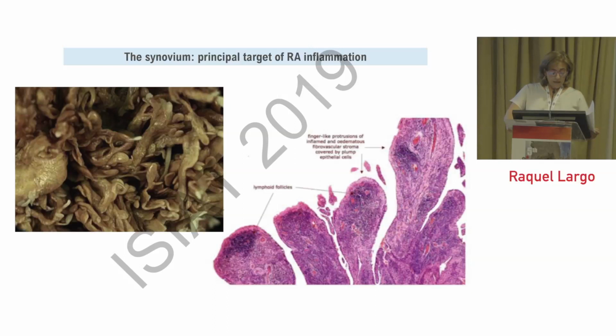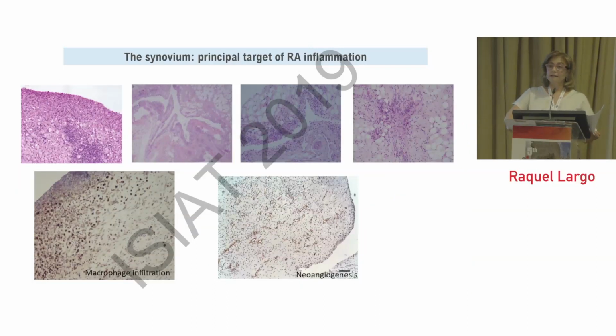Macroscopically, the synovium of rheumatoid arthritis patients looks like this, with an increase in the villi. And microscopically, we can see these villi, as you can see here in the picture. Microscopically, a healthy synovium looks more or less like this.